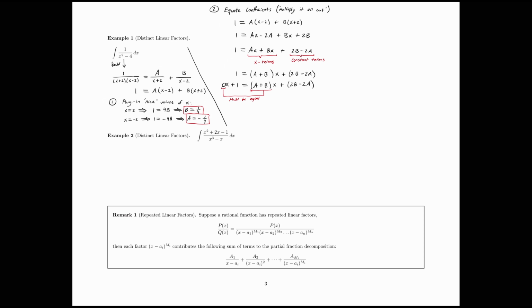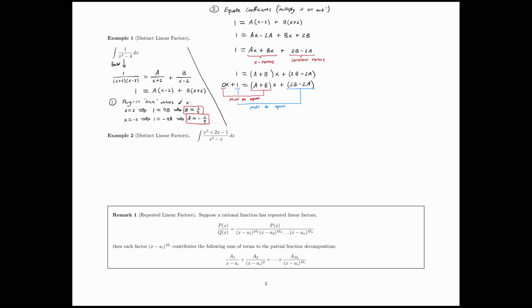If they summed to something other than 0, there would be an x on this side, but there isn't, so that would be a contradiction. These two have to sum to the coefficient of x on this side, in this case 0. Now, the constant term on the left must be equal to the constant term on the right.